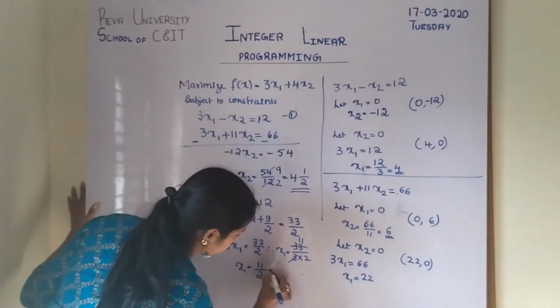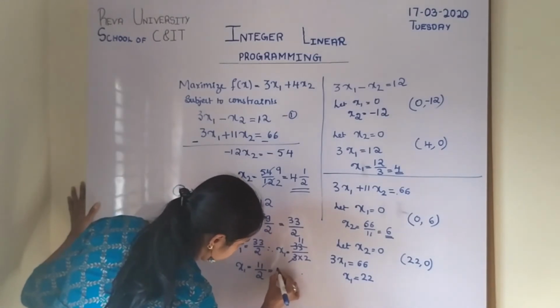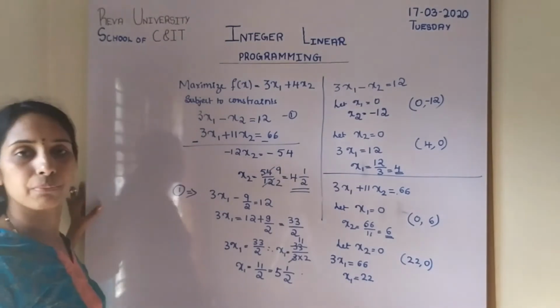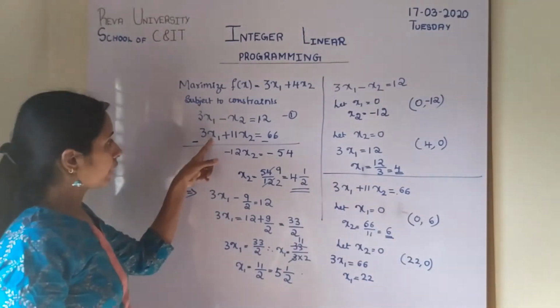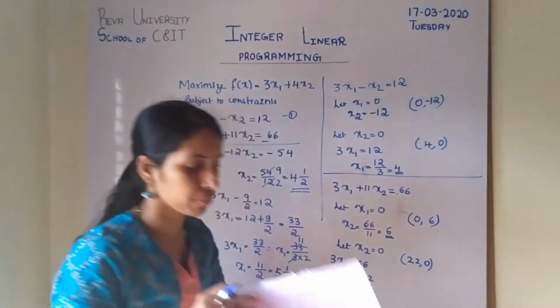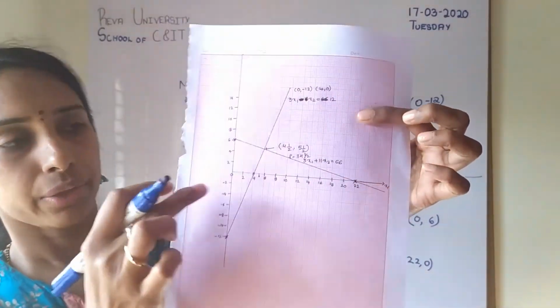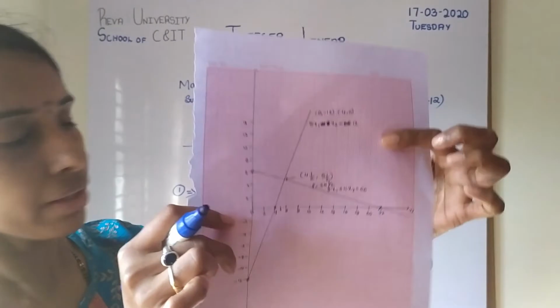I can represent this as 2 5s are 10, so 5 1 by 2. So here I have solved. You can use the graphical method to solve this and you will get the same points here.